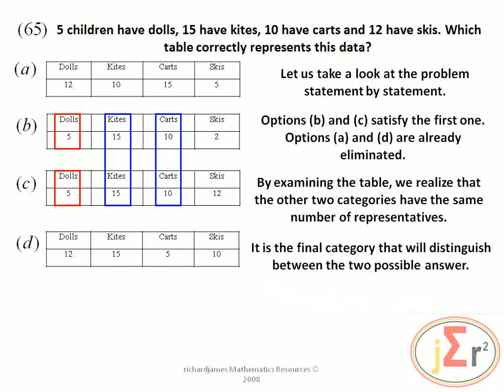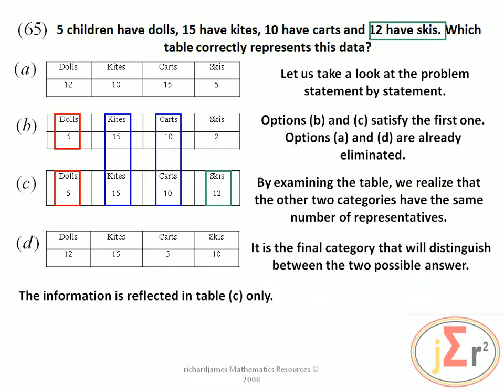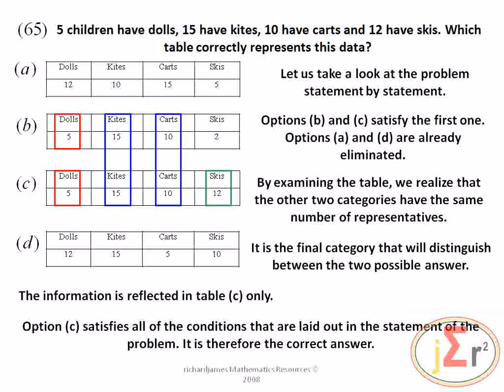It is the final category that will distinguish between the two possible answers. 12 has keys. The information is reflected only in table C. Therefore, we are sure that option C satisfies all of the conditions that are laid out in the statement of the problem. It is therefore the correct answer.